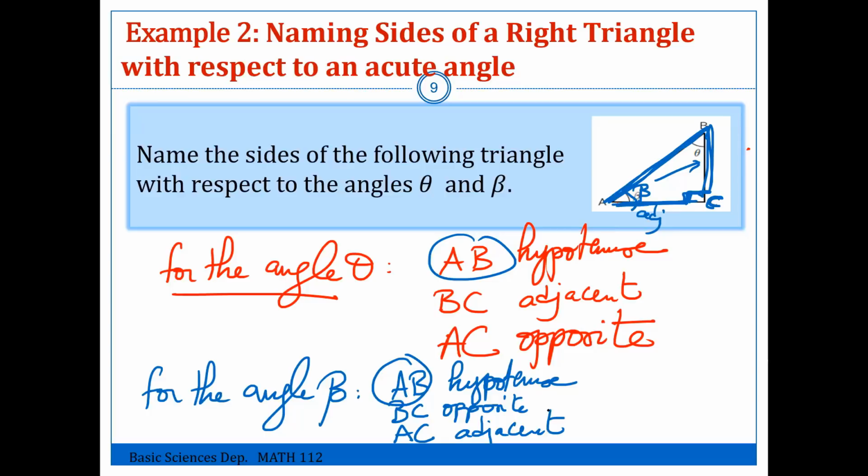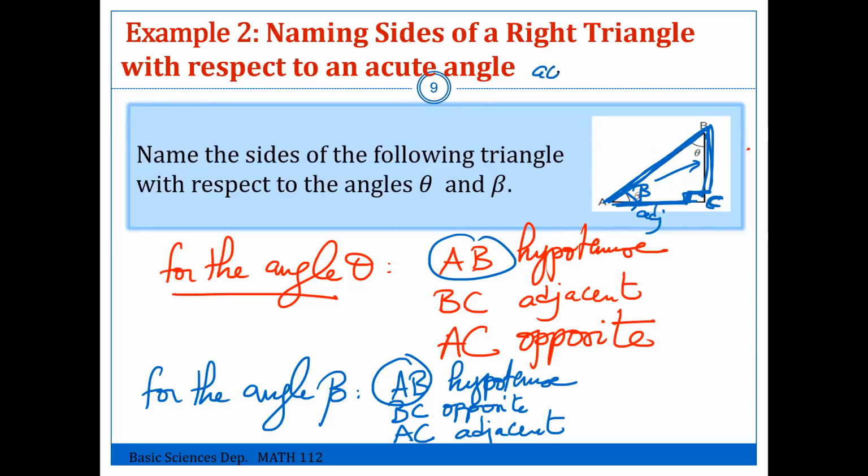يعني I repeat, the adjacent and the opposite sides depend on the chosen angle. وبالطبع هنا هي زاوية حادة. عندنا زاوية قائمة وزاويتين حادتين عنا، لأنه المجموع 180. إذا 90 والآخرين 2 acute angles.